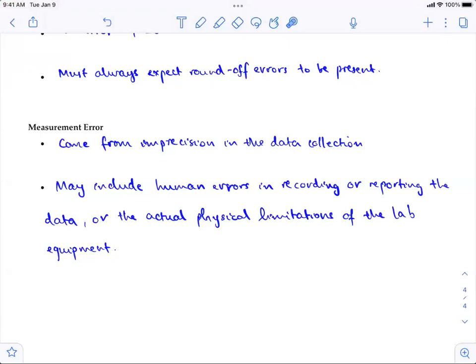Not only do we make certain errors, but the equipment that we use in the lab, or the computer that we are using, is always another source of errors that get introduced into your measurement. Okay, so be aware of that.